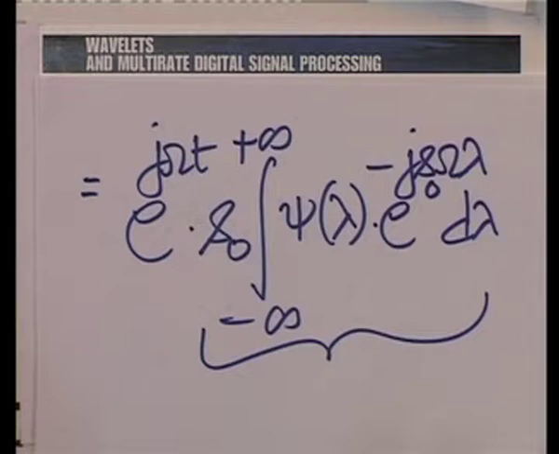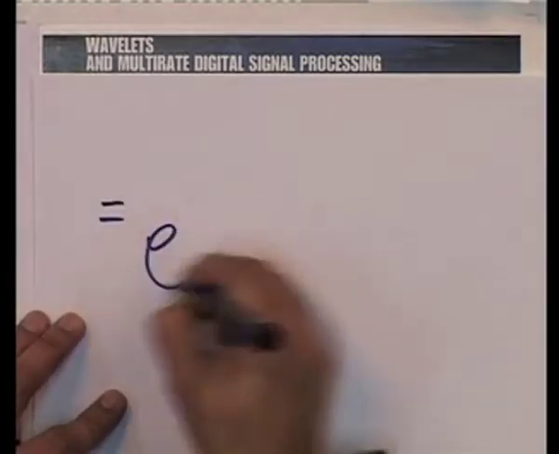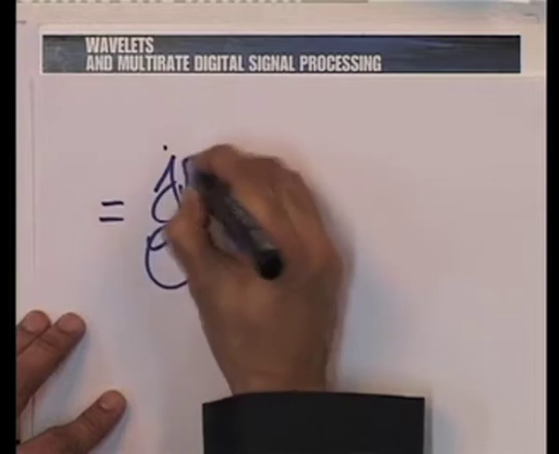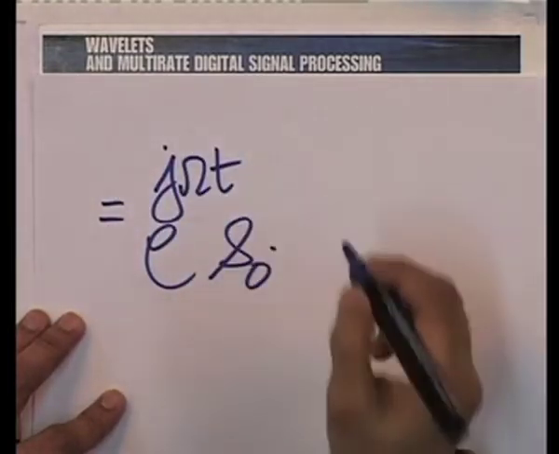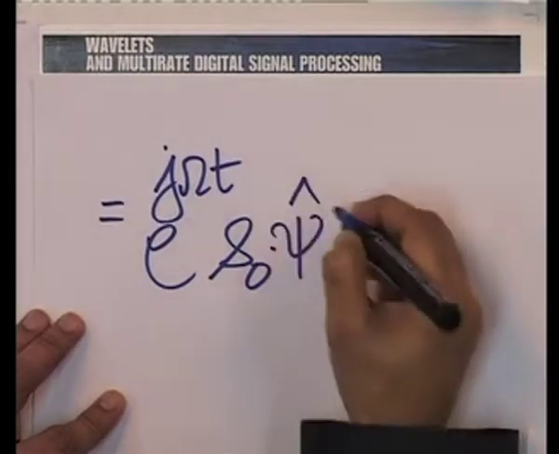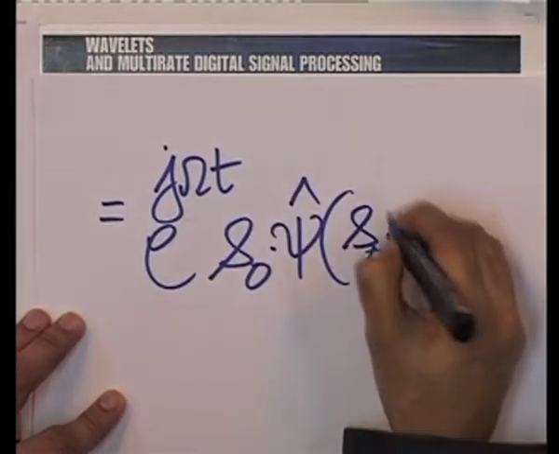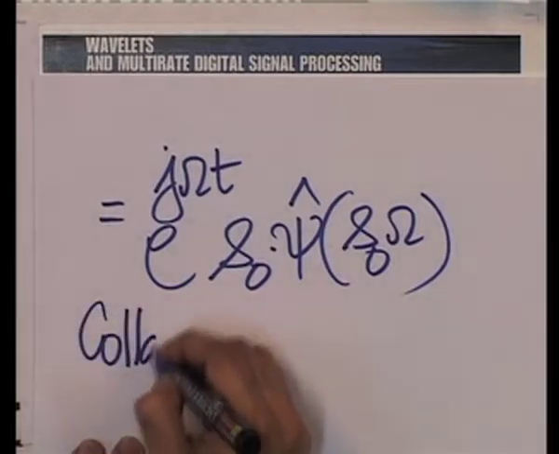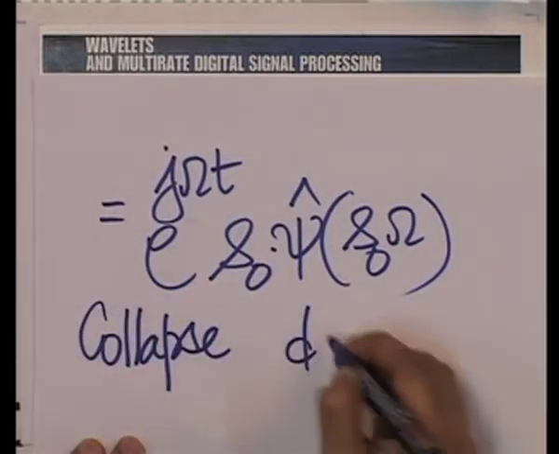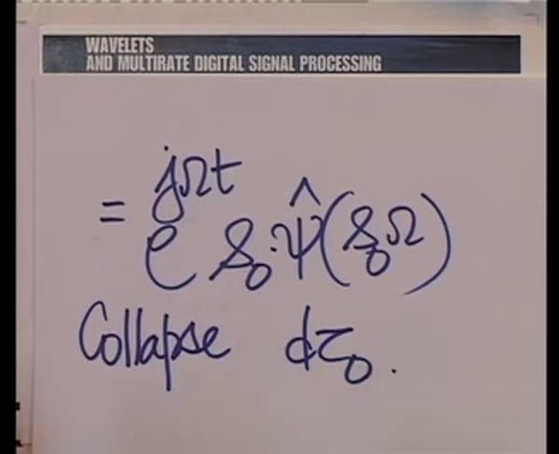So, let me write that down. This is essentially e raised to the power j omega t, S naught times psi cap evaluated at S naught omega, and therefore, we can now collapse the d tau naught part. Let me put that down for you once again for reference.